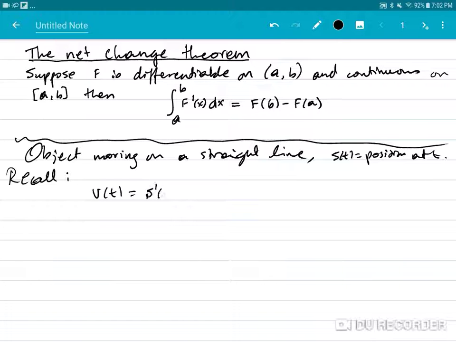Remember that from early on in our calculus, in the second chapter. So the velocity function is the derivative of the position function.